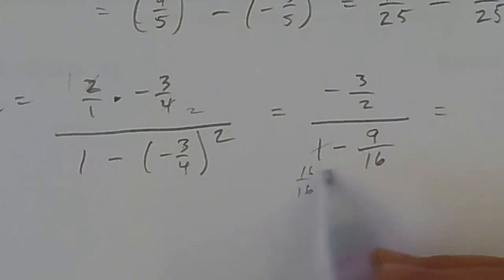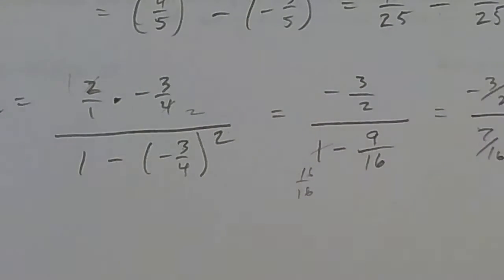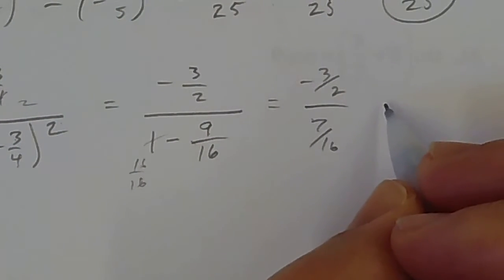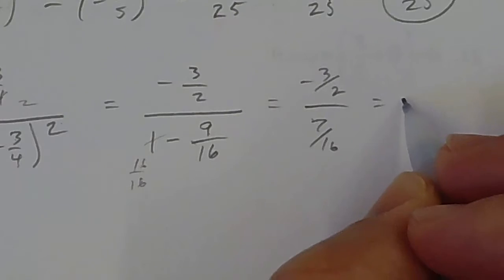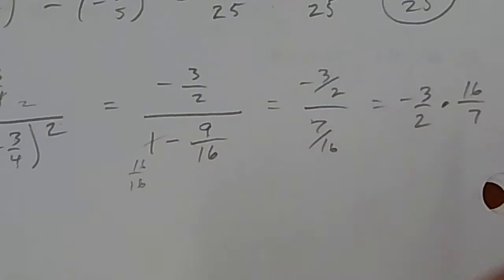I guess I'll do both. All right, so I'm going to go ahead and subtract these. 16/16 minus 9/16 is 7/16. And up top, I've got the negative 3/2. And then let's multiply by the reciprocal. So I have negative 3/2 times 16 over 7.